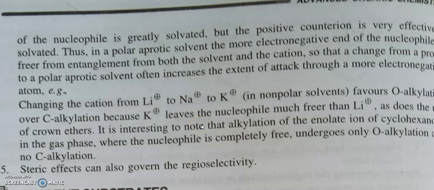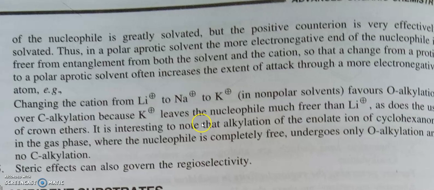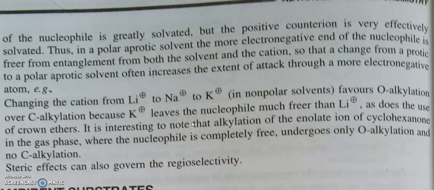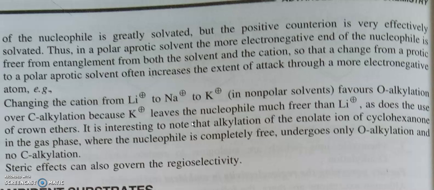In a polar aprotic solvent, the nucleophile is less solvated, but the positive counterion is more effectively solvated. Thus, in a polar aprotic solvent, the more electronegative end of the nucleophile is freer from entanglement with both the solvent and the cation, so that a change from a protic to a polar aprotic solvent often increases the extent of attack through the more electronegative atom.